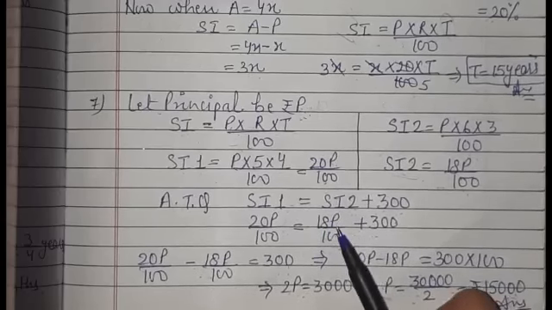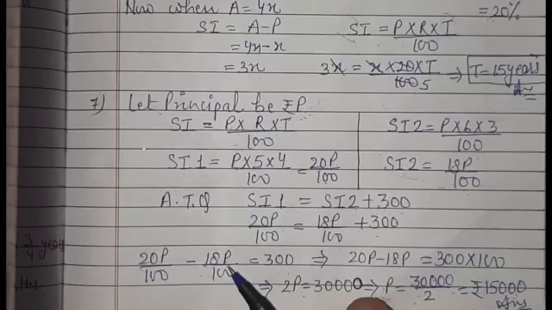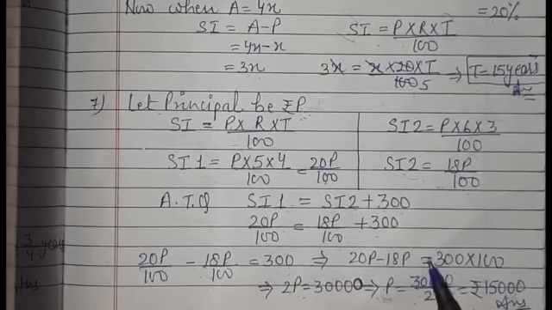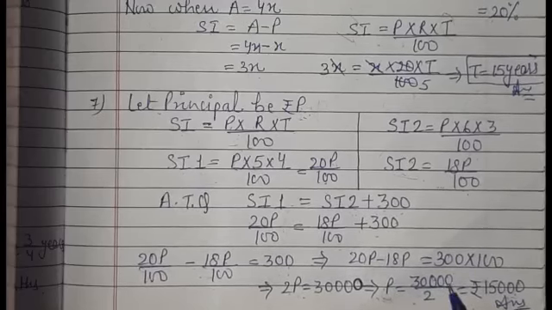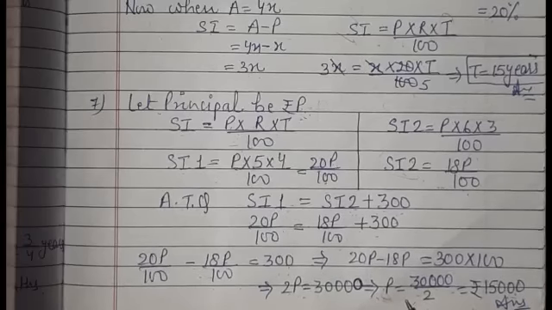Transpose 18P by 100 from the right hand side to the left hand side, we have to subtract. When we simplify, 20P minus 18P is equal to 30,000 will come. 20P minus 18P will be 2P. Calculate P. It will be 30,000 by 2. When we simplify, 15,000 will come. That means principal is rupees 15,000.